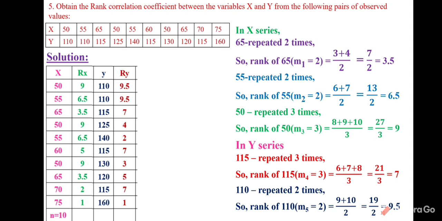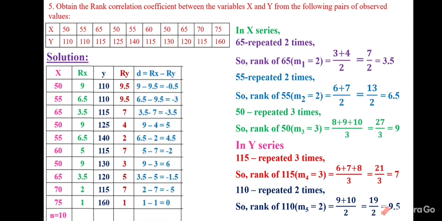The simplification is 7, so 7, 7, 7 will be given. Then 110, 2 times repeated, ranks 9 and 10. 19 divided by 2 is 9.5. So the rank of 110 is 9.5.